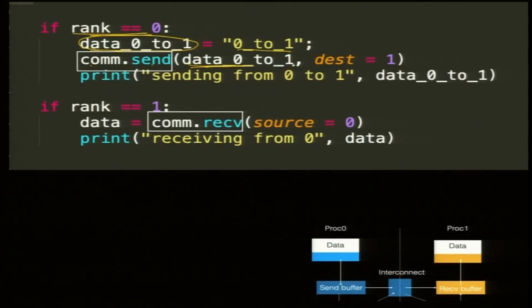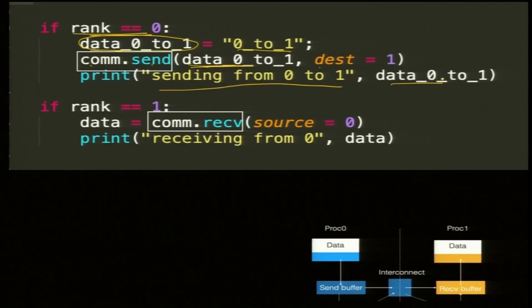So, data variable and where to send. Right now the destination is 1. So, 0 is the master node, sending to worker 1.